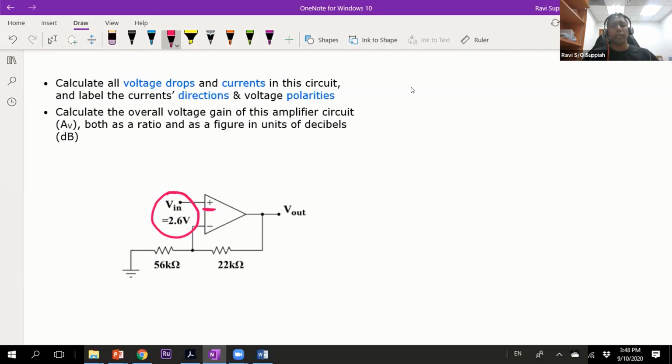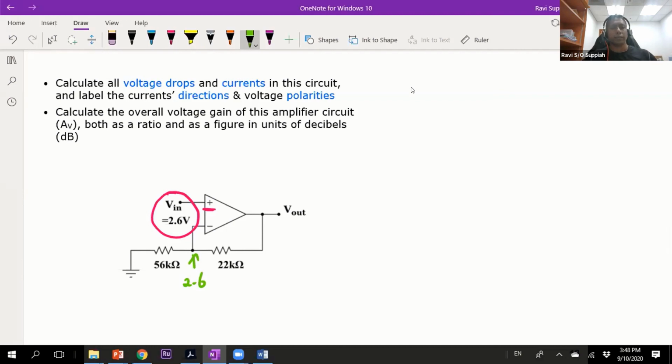The next step is we want to analyze the behavior, so we apply the golden rules. The golden rules say that the voltages at both the V plus and V minus terminals will be the same. So if the voltage at V plus is 2.6, the voltage at V minus is also 2.6.